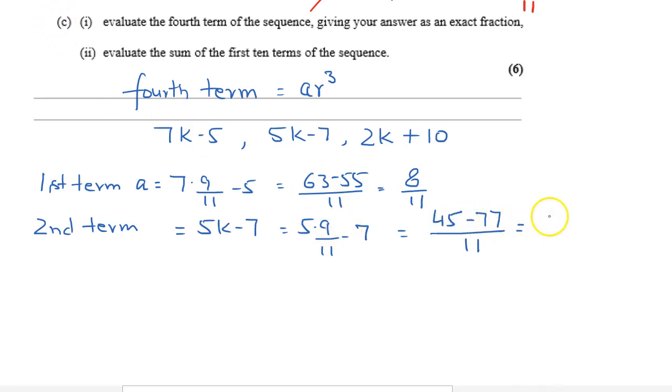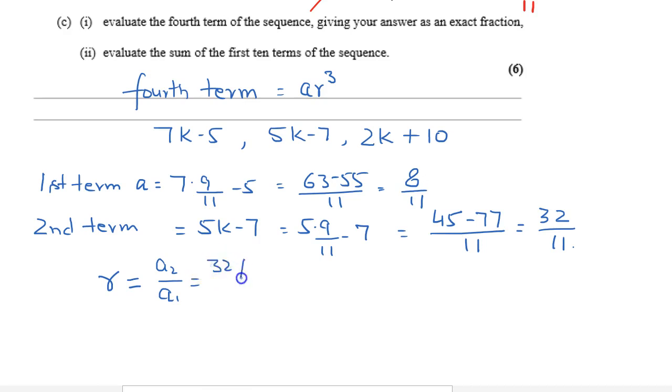So 5 minus 7 is 2. 4, 5, 6, 7, 32 over 11. So R is A2 over A1. That's how we calculate R in the geometric sequence.